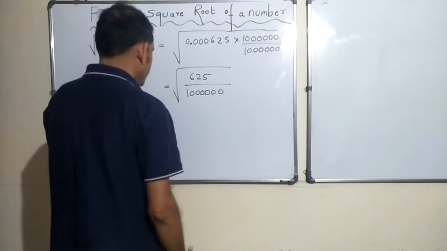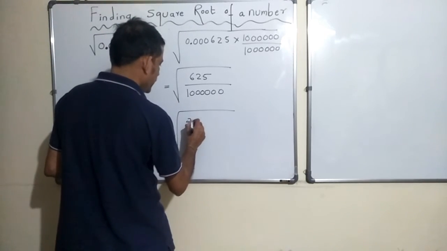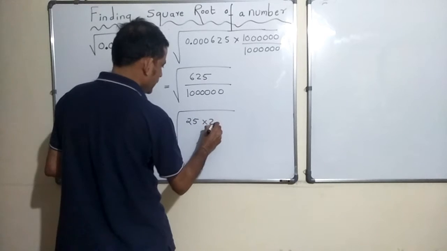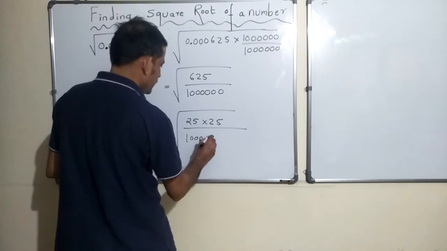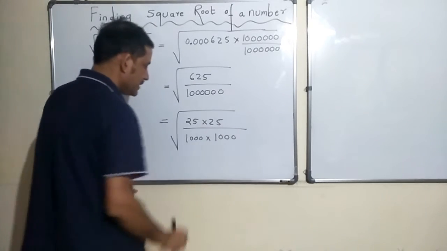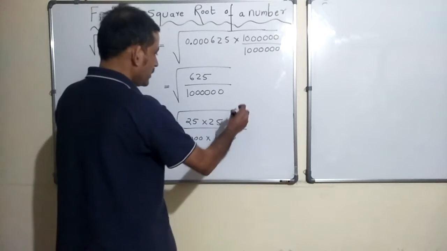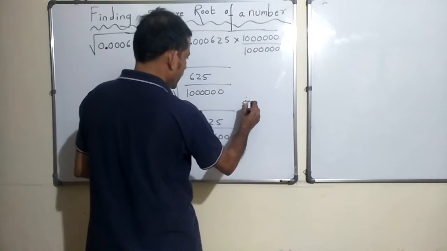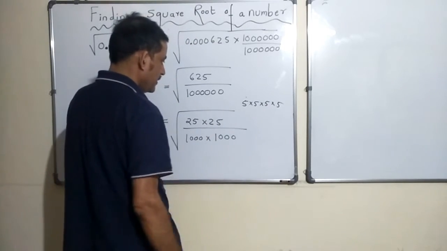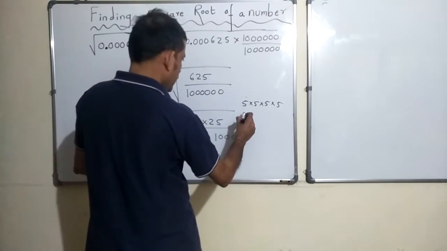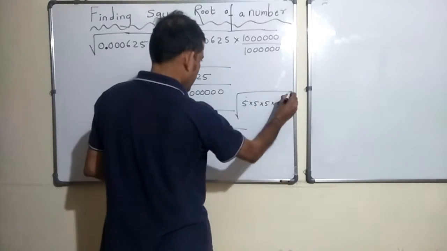All right. So let me express this in the form, this is 25 by 25, right, and the denominator is nothing but 1000 by 1000. Is that correct? 25 into 25 is 625, right? So I can do all that, wherein 25 is nothing but 5 into 5 into 5 into 5, right? I skipped a step, but I hope it is okay.